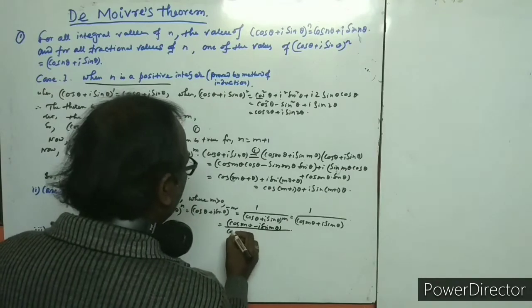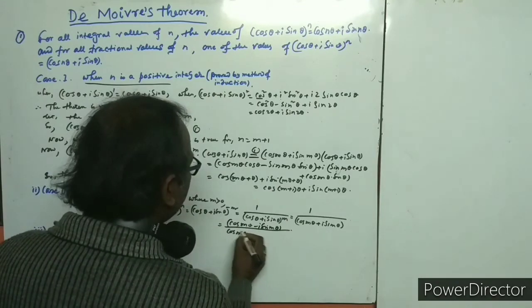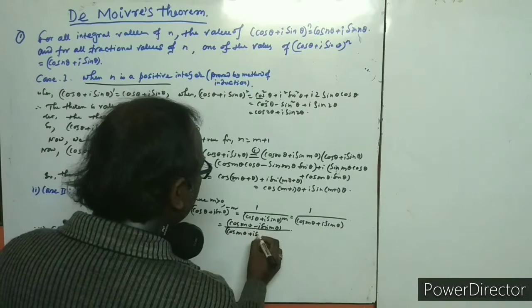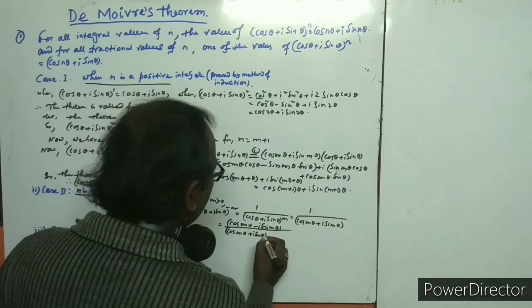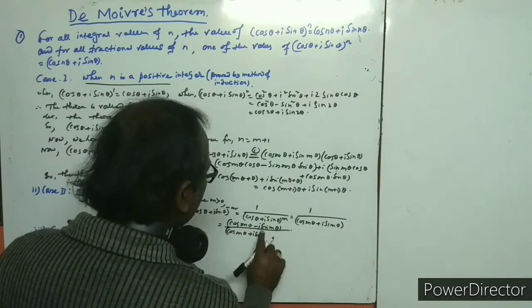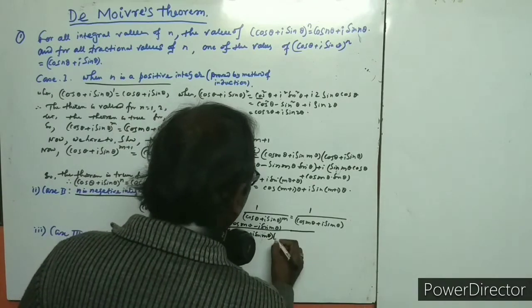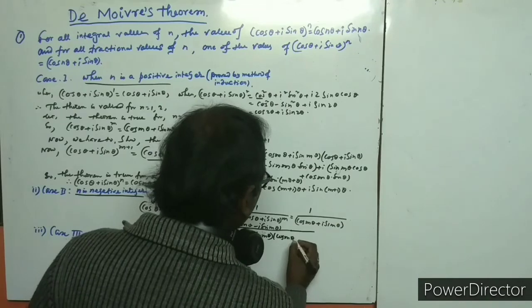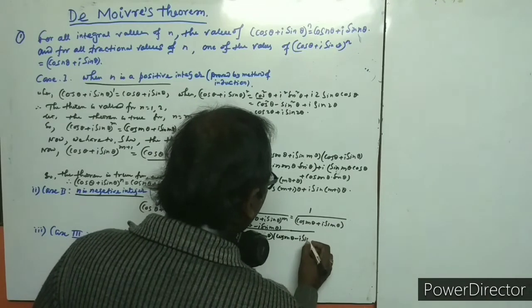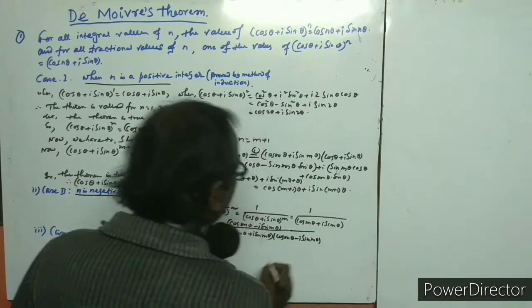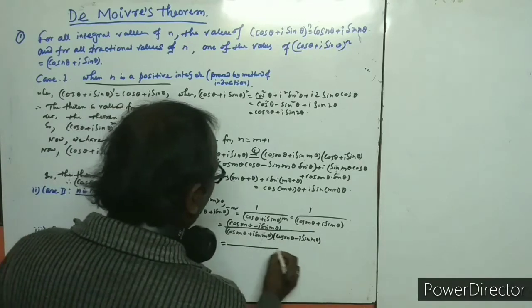Okay, (cos mθ + i sin mθ) multiplied by (cos mθ − i sin mθ).